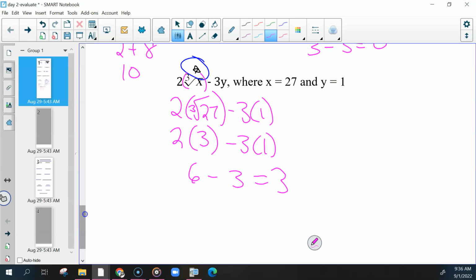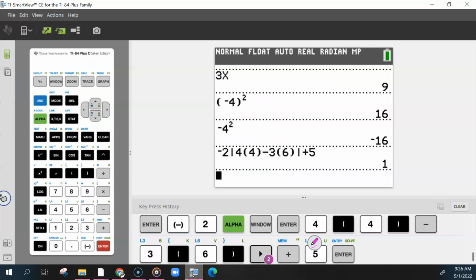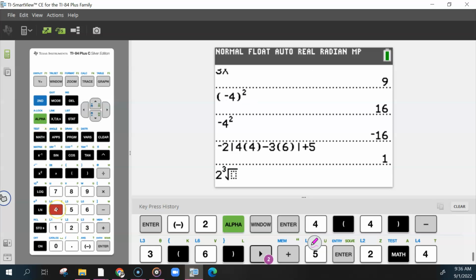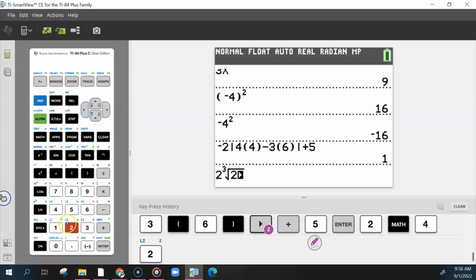So I'm going to put this in our calculator so we can double check it. So we have 2 times the cube root, so we need to go into math and then hit 4. If you want to put the parentheses in there, you can. It's helpful for this one. And then I put in 27.